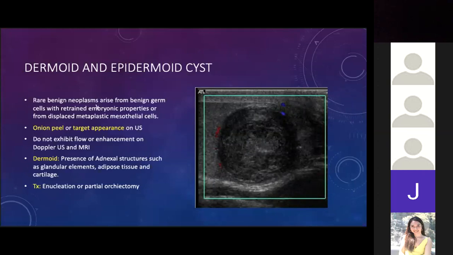Usually, they present on ultrasound as an onion peel or target appearance, as in here. And they do not exhibit flow or enhancement on Doppler ultrasound and MRI. And in dermoids, there's a presence of adnexal structures such as glandular elements, adipose tissue, and cartilage. Treatment includes your enucleation or partial orchiectomy.